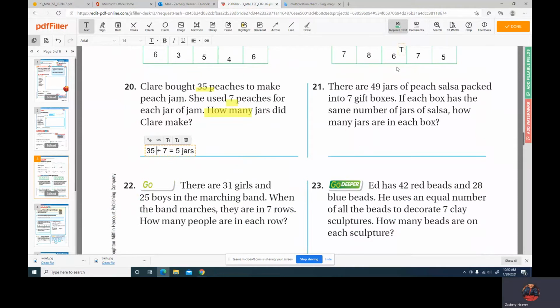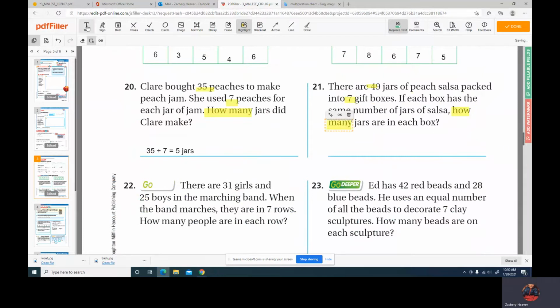Remember, we want to see these equations. We want to see what you come up with. The next one. There are 49 jars of peach salsa packed into 7 gift boxes. If each box has the same number of jars, how many jars are in each box?